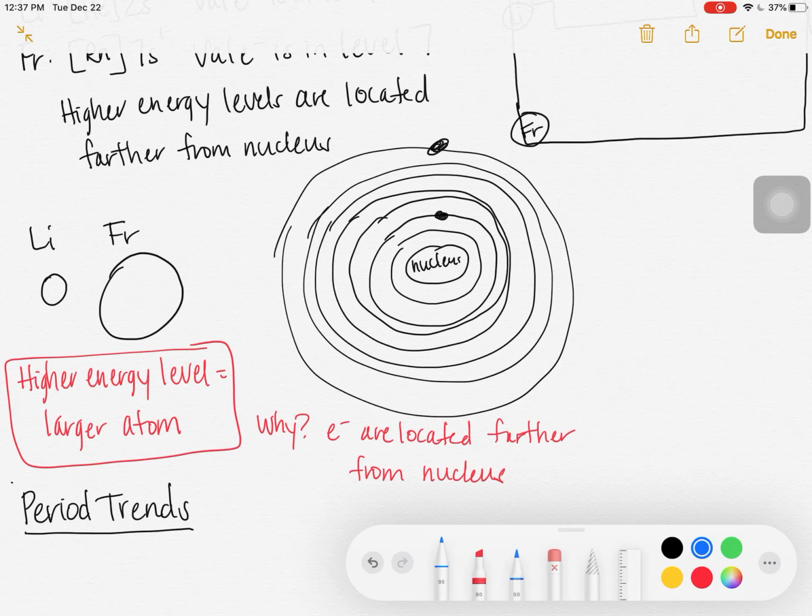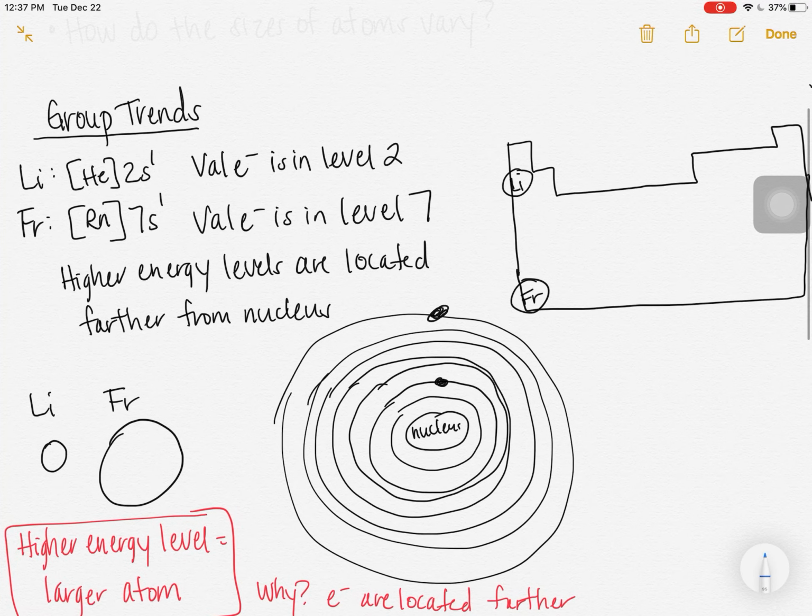If I had to draw an arrow on my periodic table to represent the group trend, atoms are small near the top of the table and get larger near the bottom. So I'll write smaller and then larger. And that would go for anything.